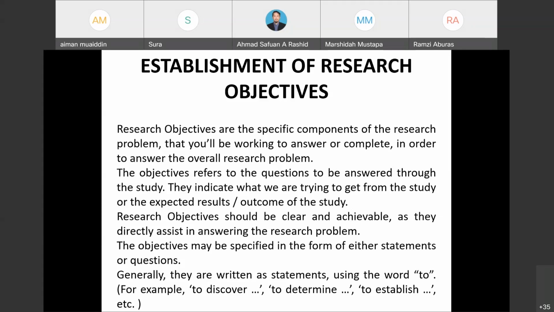It means that you want to look at what is happening to the soil after you mix it with several amounts of stabilizer. And the last one, to establish a relationship between, for example, shear strength or engineering properties with the amount of stabilizer. So that will be the third objective. That is the objective that you want to carry out.